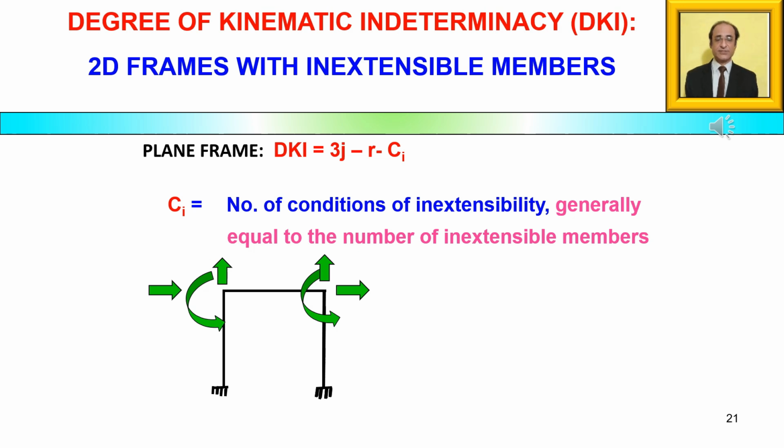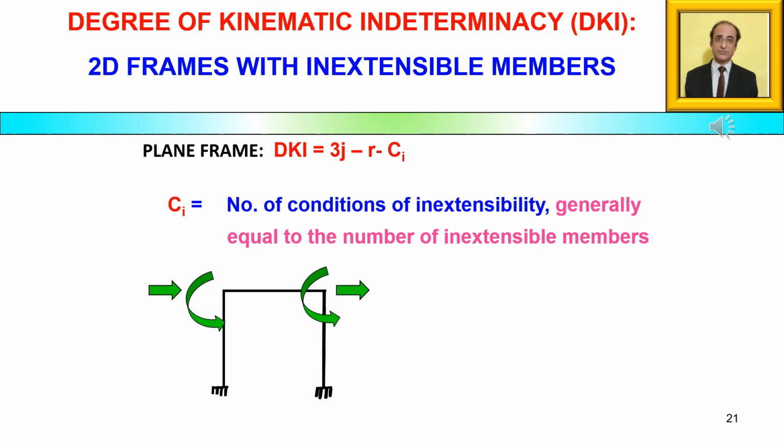So for this particular frame, because there are in total 3 members, the DKI comes out to be 3. So what happens is that because of the inextensibility of members, the 2 vertical translations, they are not there.